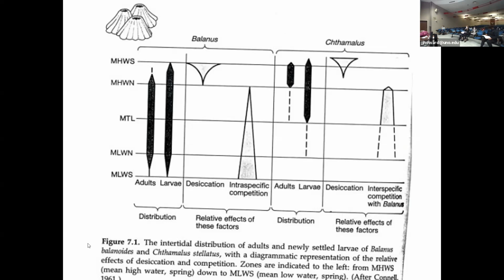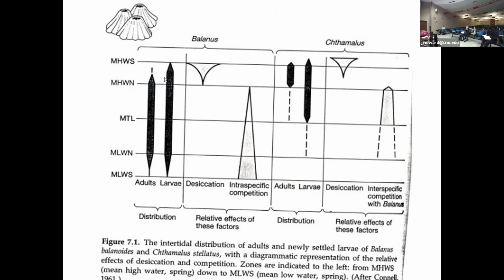So the black bars here show you where Balanus is able to colonize. So Balanus can colonize areas kind of above the area where the adults occur, but mostly the larvae are found only in the area where adults occur.